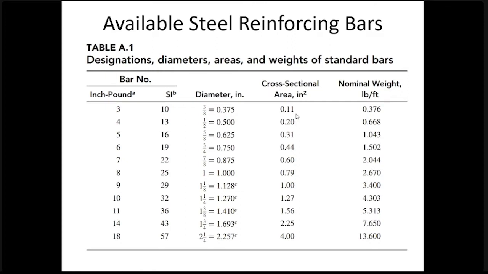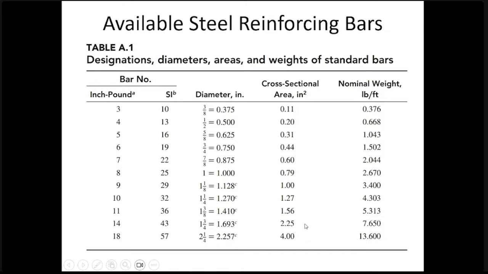You cannot use the diameter to calculate the cross-sectional area as pi d squared by 4. We do not use that formula. Rather, you will remember these bar areas for all of your future as a student and as an engineer. You need to remember that.